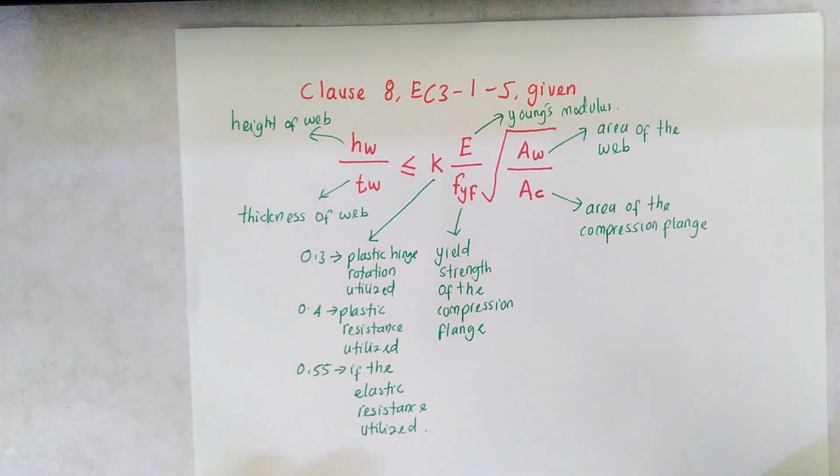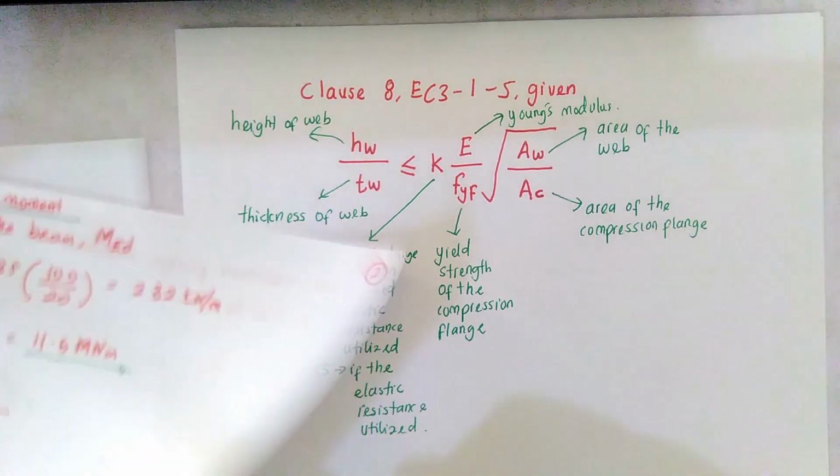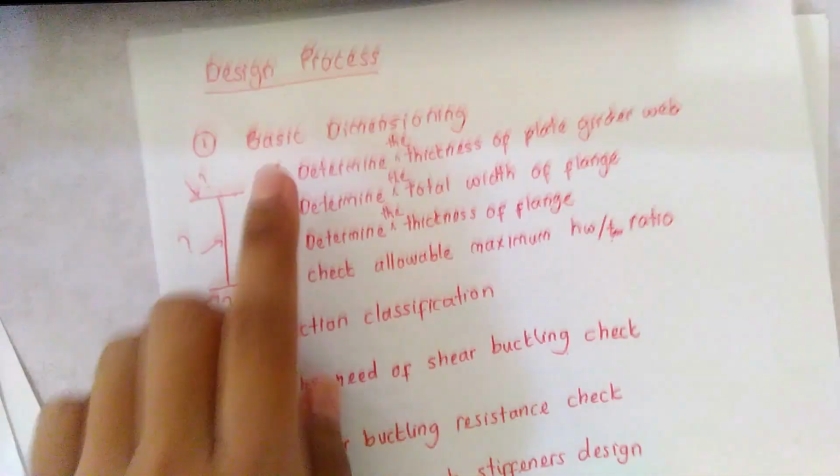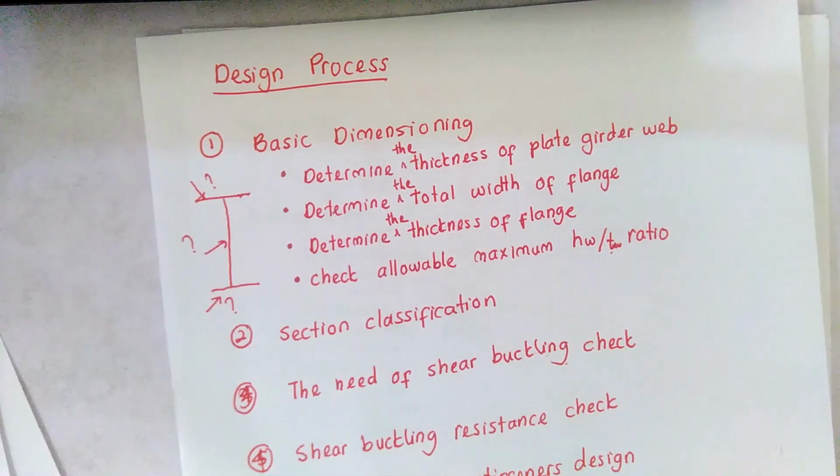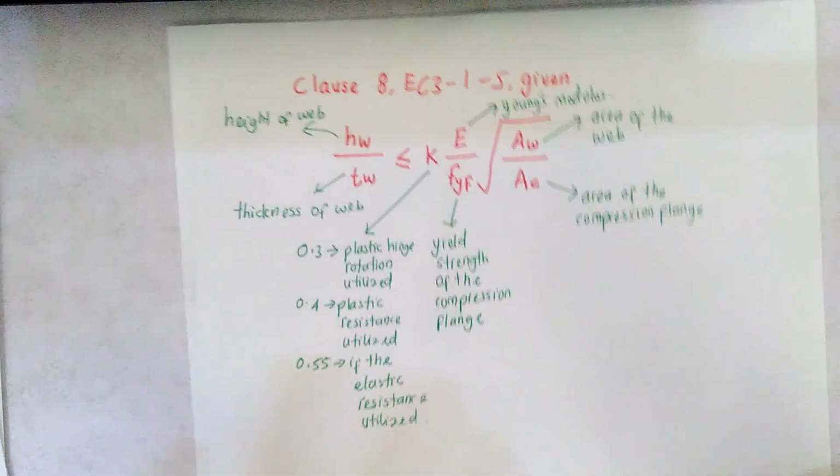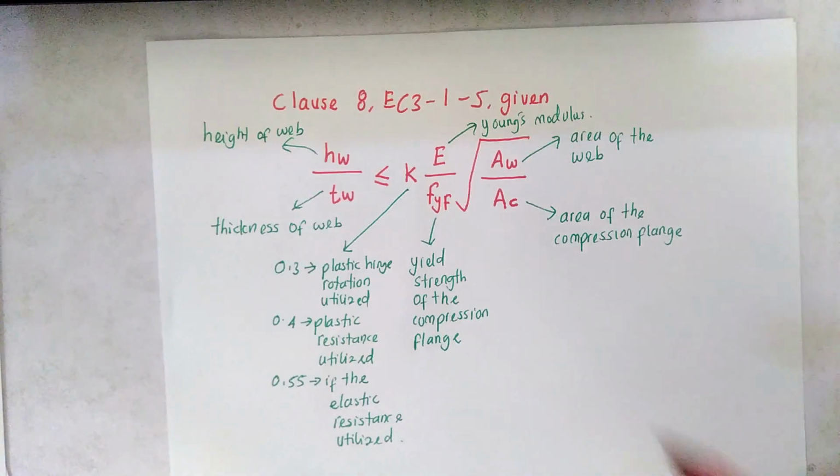Now let's go to the first step in our design process, which is basic dimensioning. In this step, we first want to find the section sizes of the web.